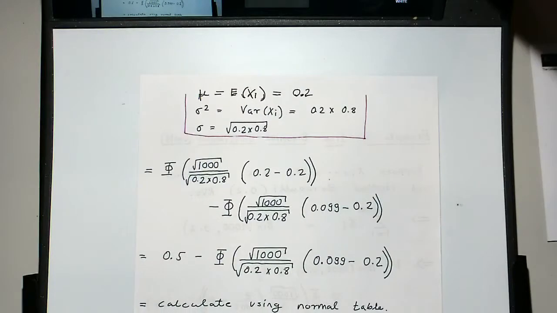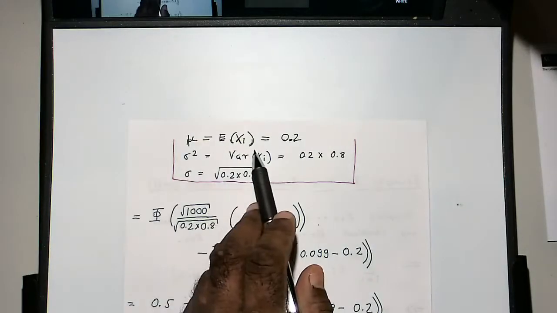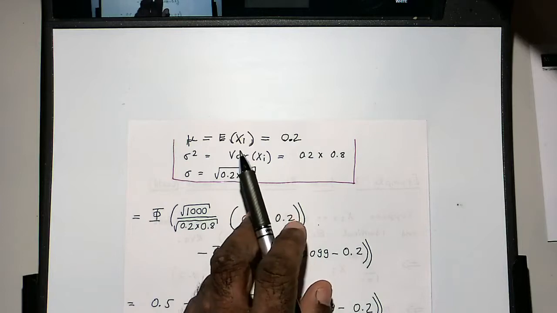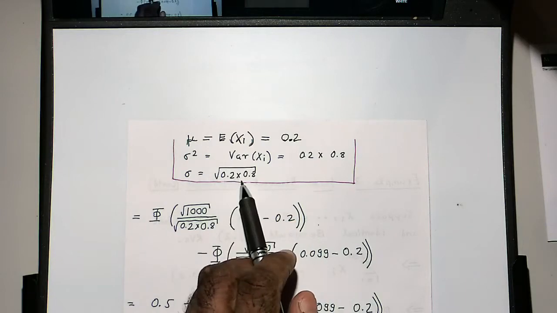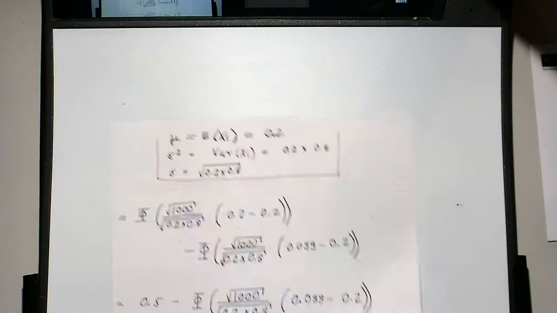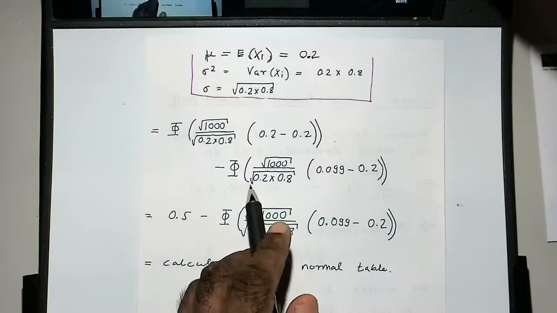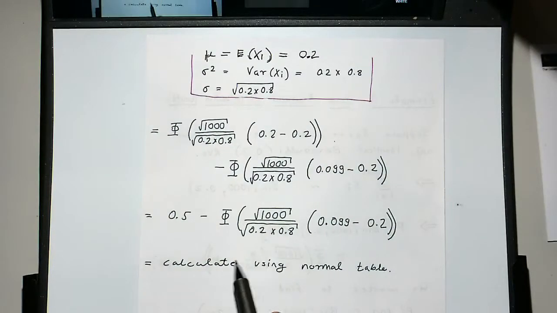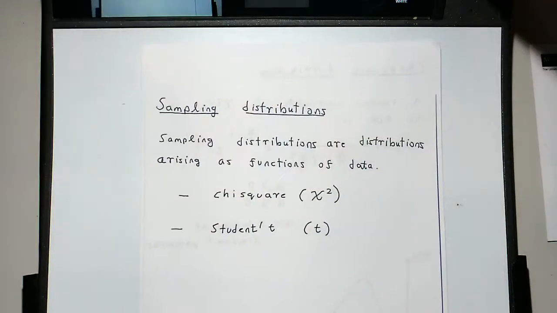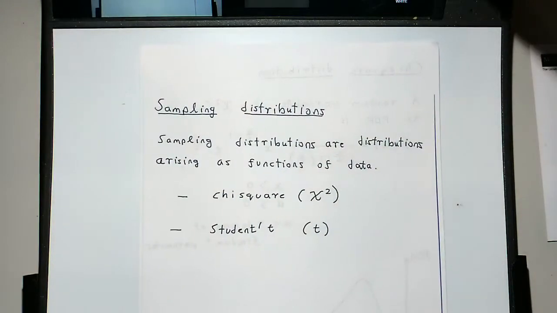First you need to work out mu, the mean of the Bernoulli population, and sigma, the variance of the Bernoulli population, and substitute them in place of mu and sigma. Then you get to this, and you can calculate this using the normal table, right? So that's the CLT.